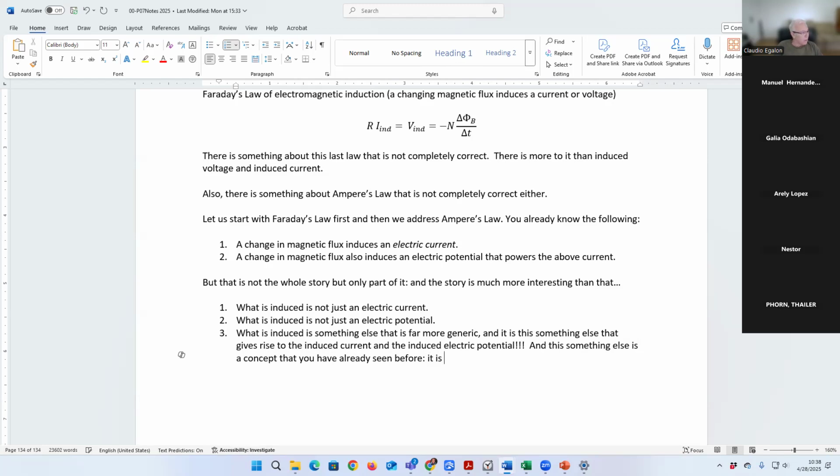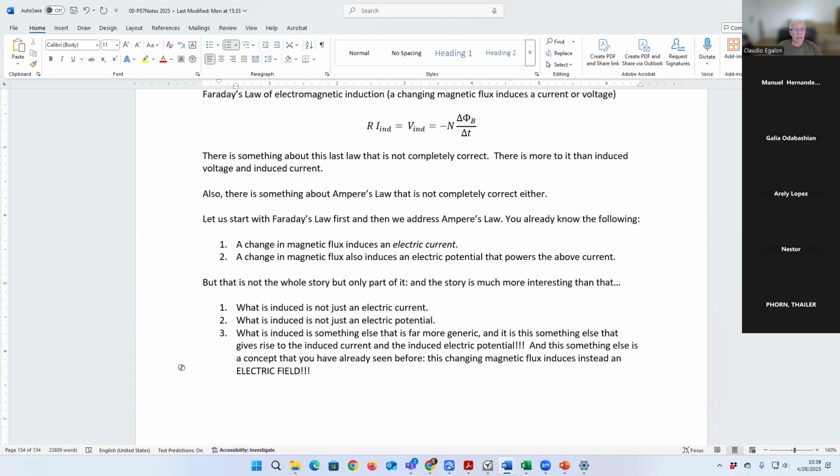It is this changing magnetic flux induces, instead, I'm going to put in capital letters, an electric field. Okay?